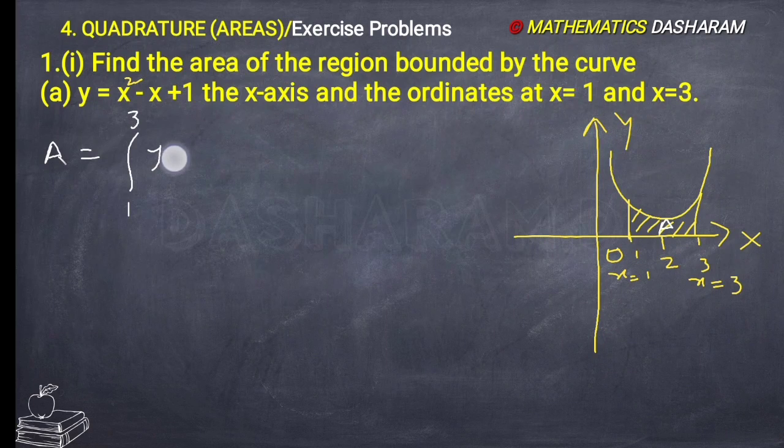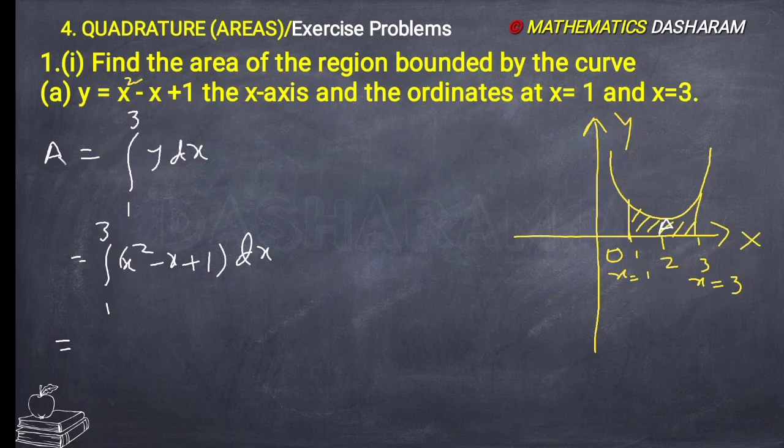So the integral from 1 to 3 of y dx. Y means the given function x square minus x plus 1, dx. Now apply the integration for each term separately.